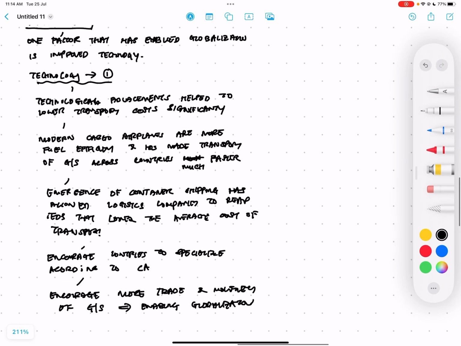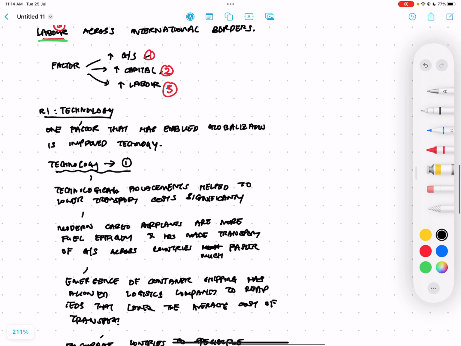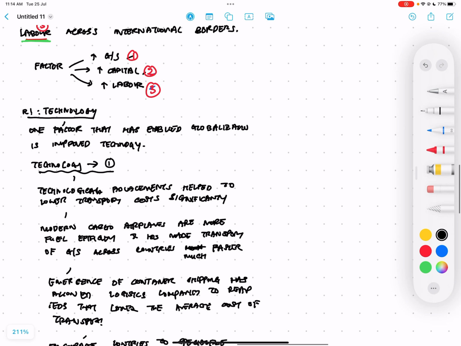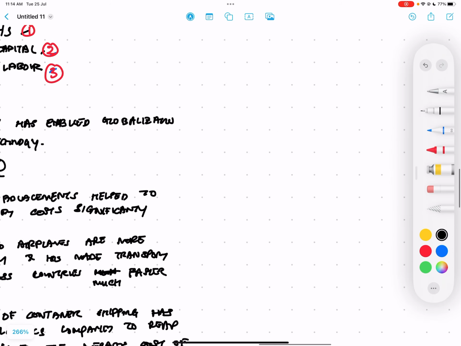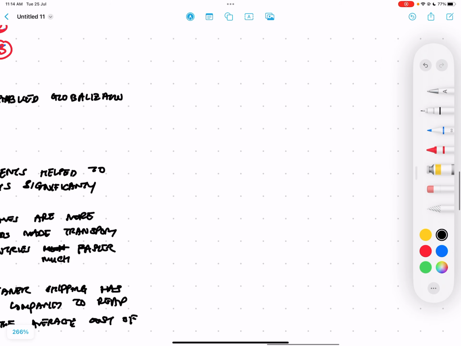Technology can lead to the movement of goods and services. That's one. Technology can also help you with the movement of capital. Let's use blue.